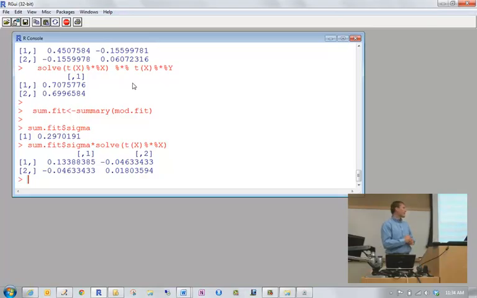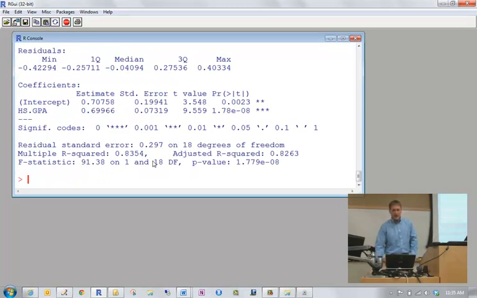Okay. So again, this square root of MSE is just one number, as what we saw before. If you take one number, a scalar, times a matrix, all you do is take each element of the matrix times that scalar value. And notice how I can do that simply using the asterisk only. Now, if you remember, I had summary mod.fit here.